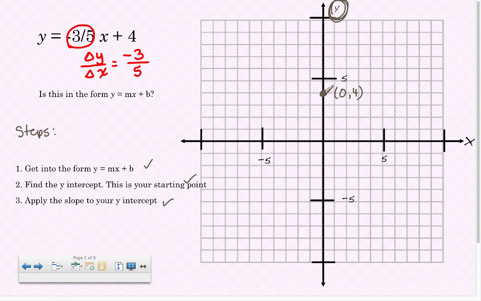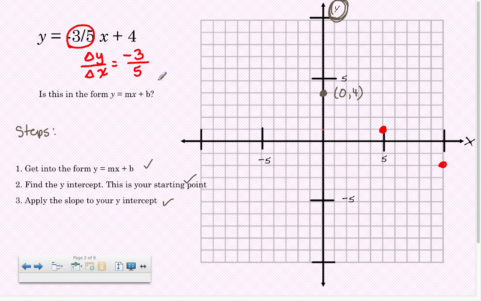So if I start over here, I'm going to change my y position, and y's go counting this way. So 1, 2, 3. I went down 3, and now change my x position by 5. 1, 2, 3, 4, 5. There's my new point.